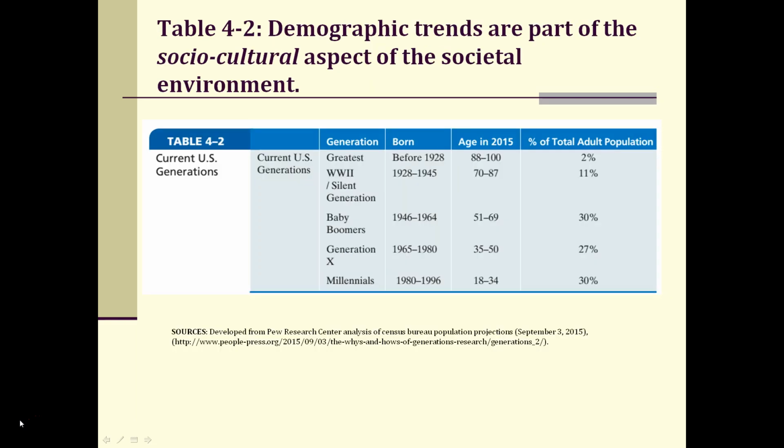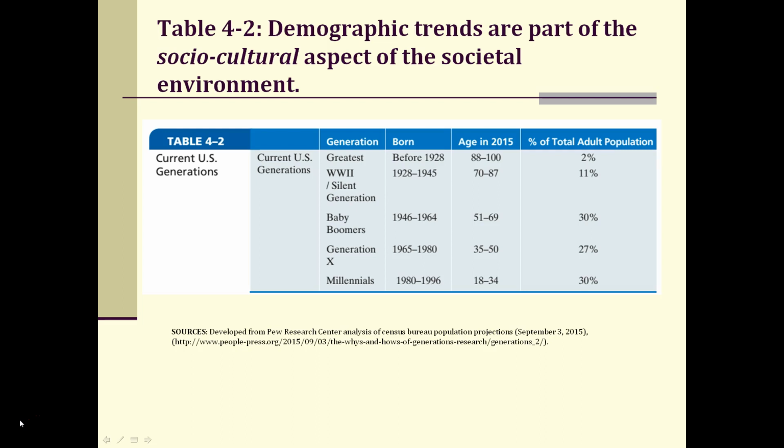Now, this second table indicates the demographic trends, which are part of the sociocultural aspect of the societal environment. For example, the demographic bulge in the US population caused by the baby boomers after World War II continues to affect market demand in many industries.